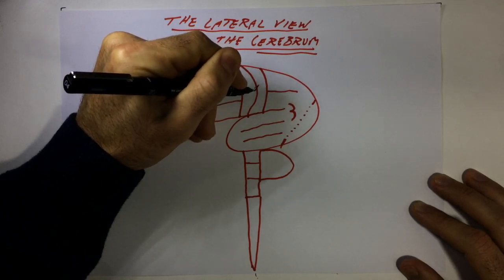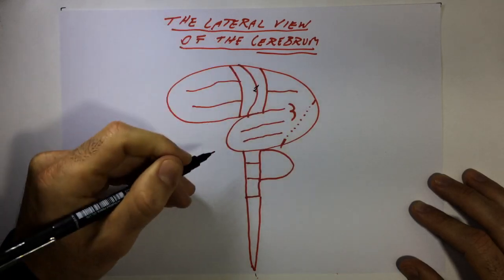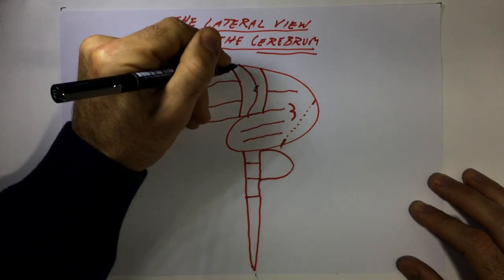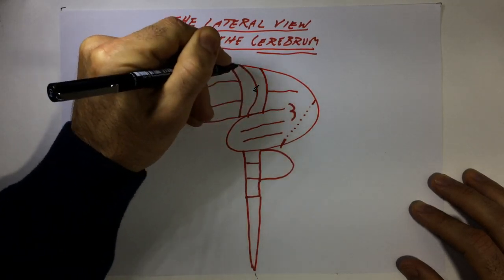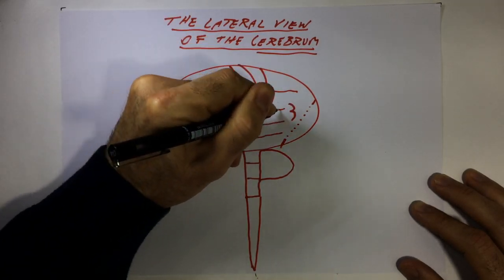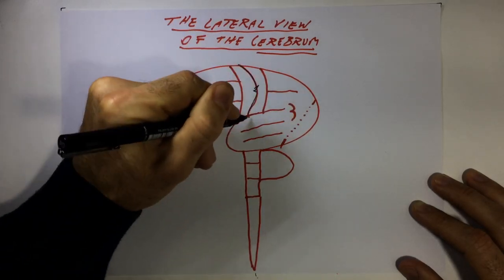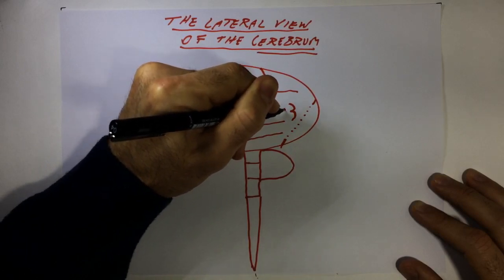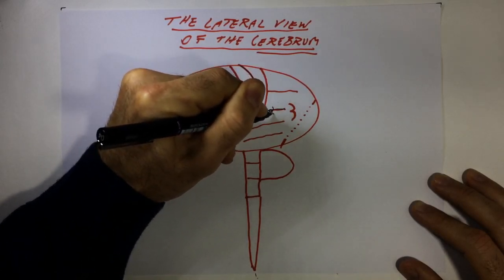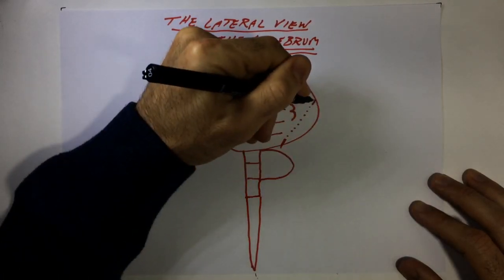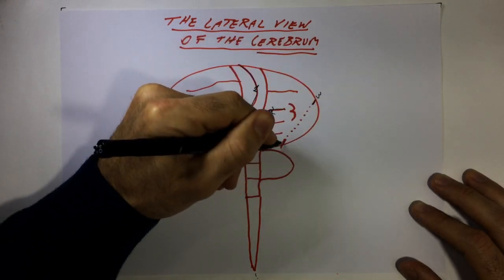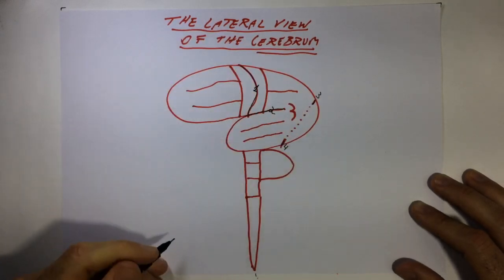So here, I'm going to just put a number 1. So that would be this sulcus. This sulcus here, so this one here, 1. Here, this whole sulcus is going to be 2. This one here, 3. And down here, 4.